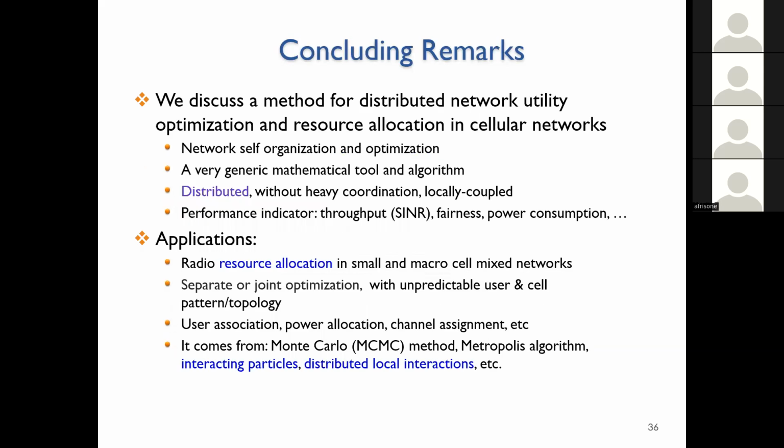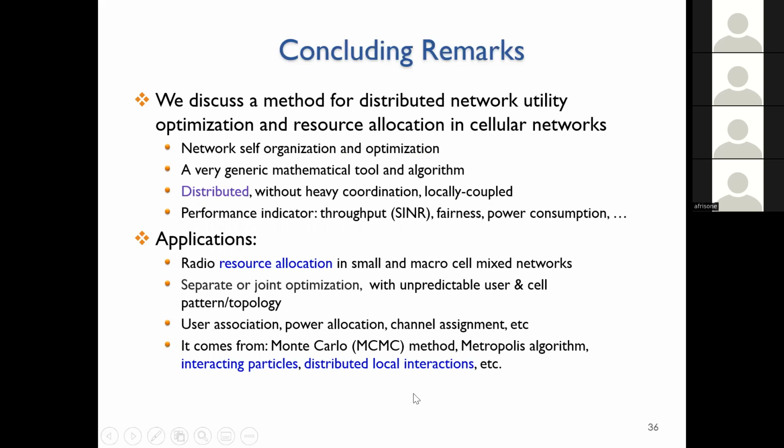I think that's all. I will stop my presentation here and say that this is applied to mobile network resource allocation problems. You can do joint optimization of power, base station pairing, user base station pairing, and channel allocation problems. You can connect this technique to potential game or game theoretical approaches.